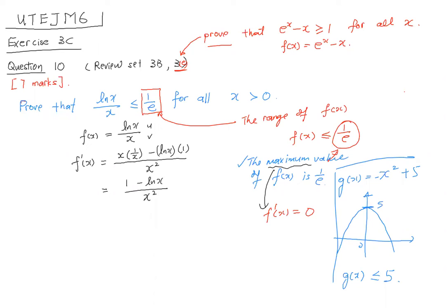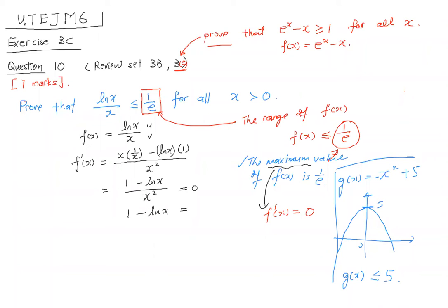So what should I do? f prime x equals 0. Yes, you are right. f prime x, you must equate equal to 0. Understand? Then you solve.